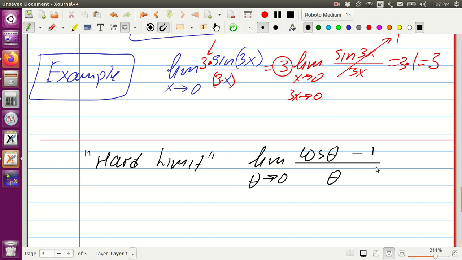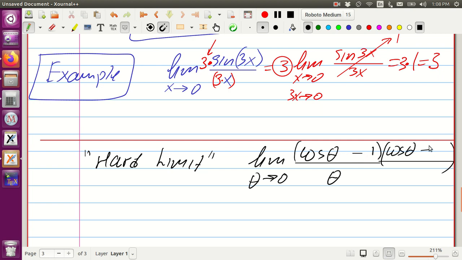So how can we solve this limit? This one is a little bit easier than the one before. We can multiply the numerator by the conjugate. How do we create the conjugate? We take the sign and switch it to the opposite.